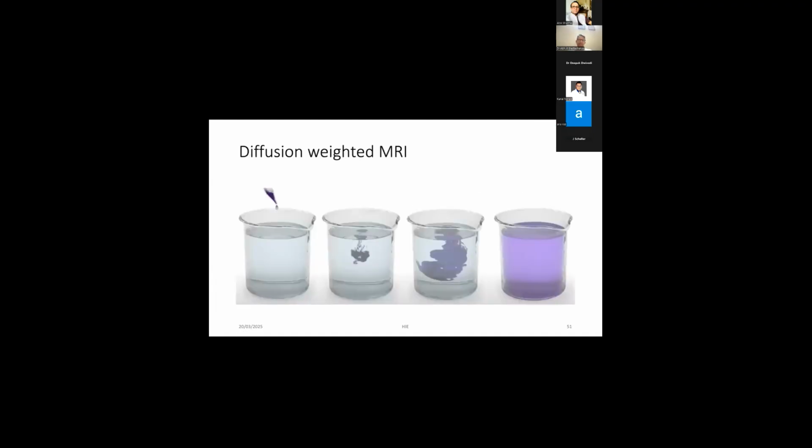Diffusion weighted MRI. As I said, the basic principle is diffusion. So you can imagine when you drop a drop of ink in a glass of water, this is how the ink starts dissolving, right? And eventually it colors the entire glass of water. Make sense?